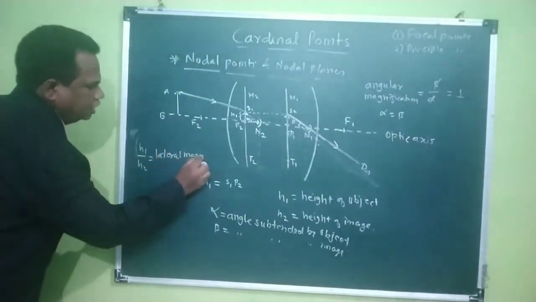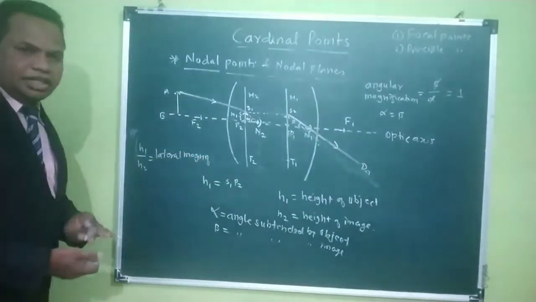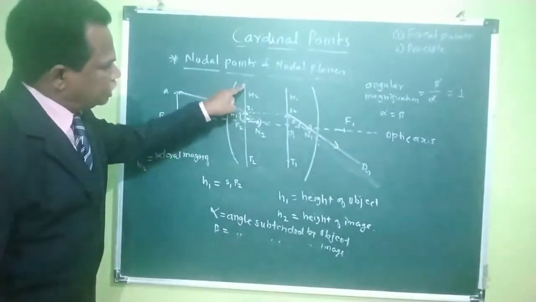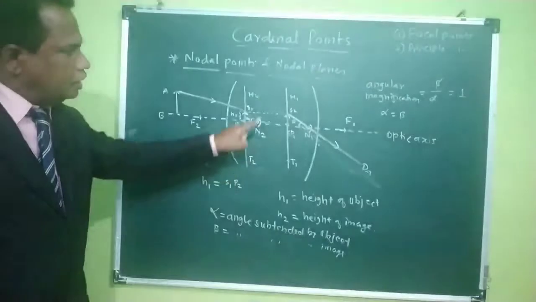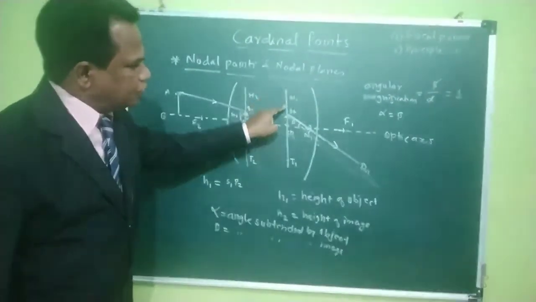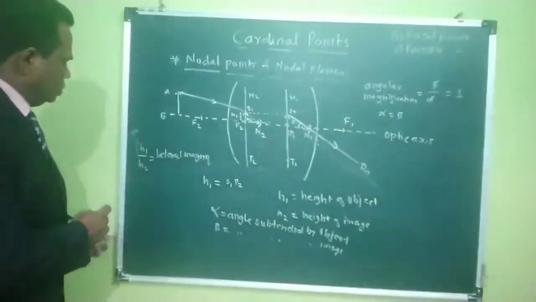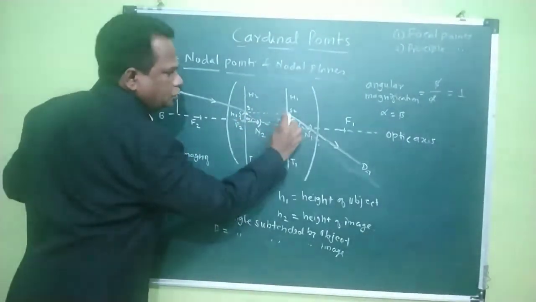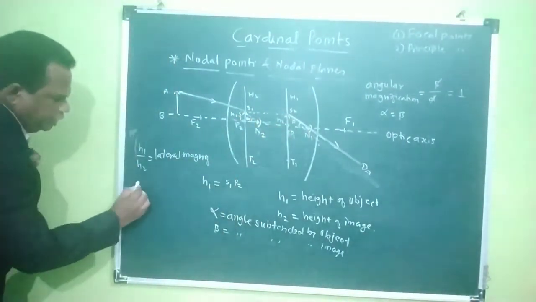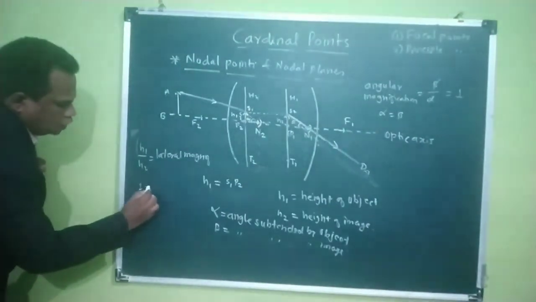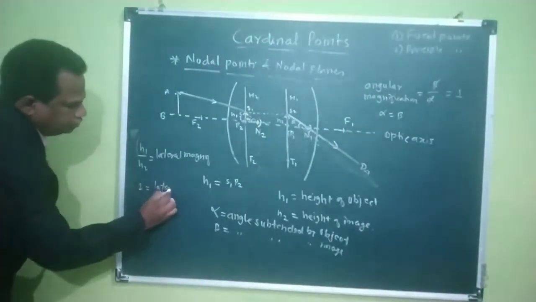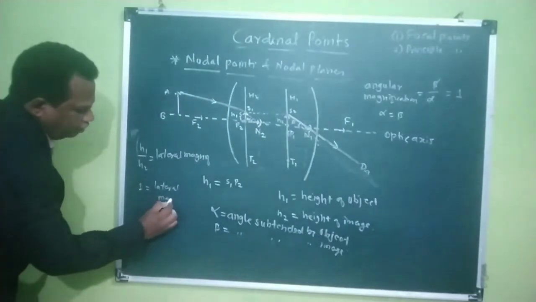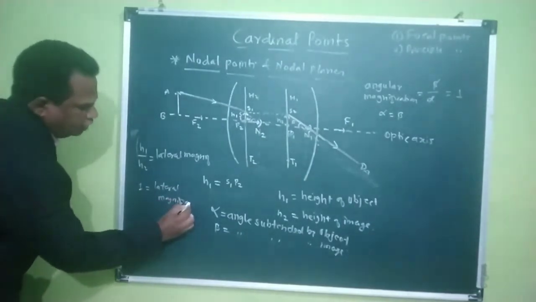What is h1? h1 is the height with respect to the first principal plane, and h2 is the height with respect to the second principal plane. These are also the same, so h1 divided by h2 is also 1. That is lateral magnification.